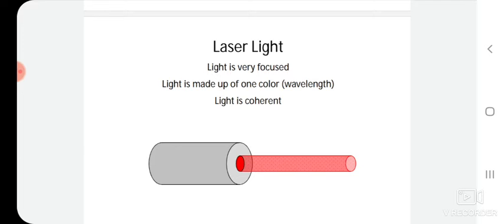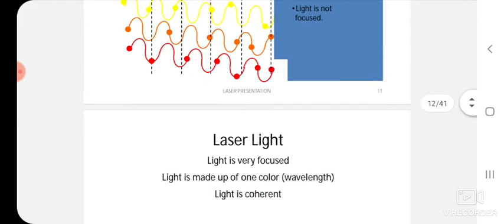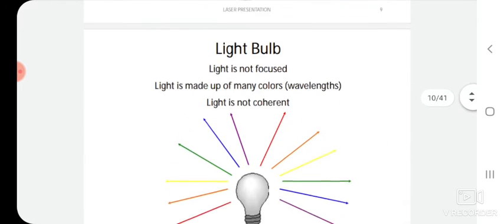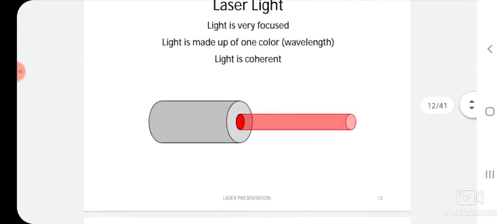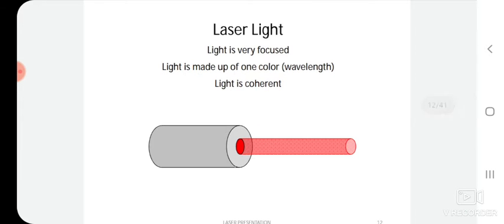It is made up of one color only, meaning monochromatic, coherent, and divergence is 0. These are the basic properties of laser light or laser source. Okay, do you understand the difference between the ordinary source and laser source?